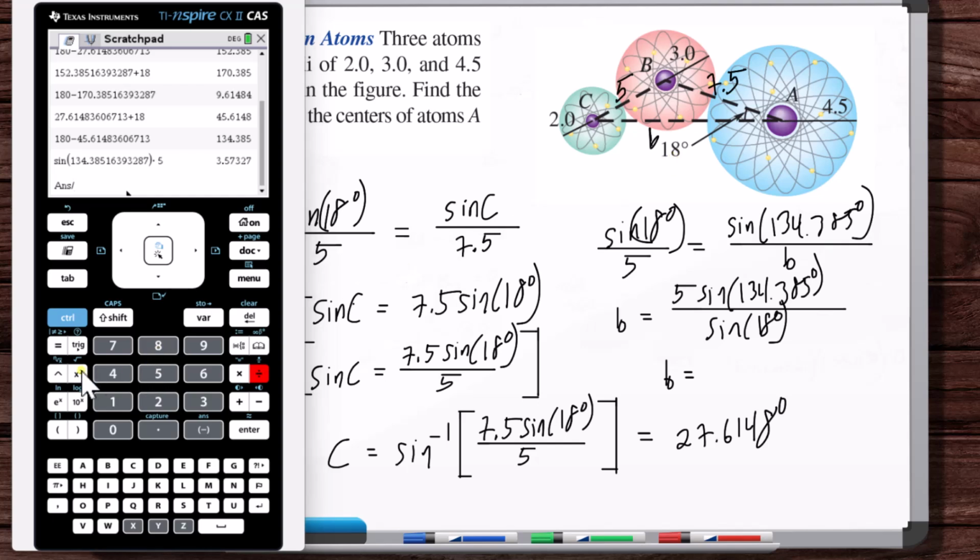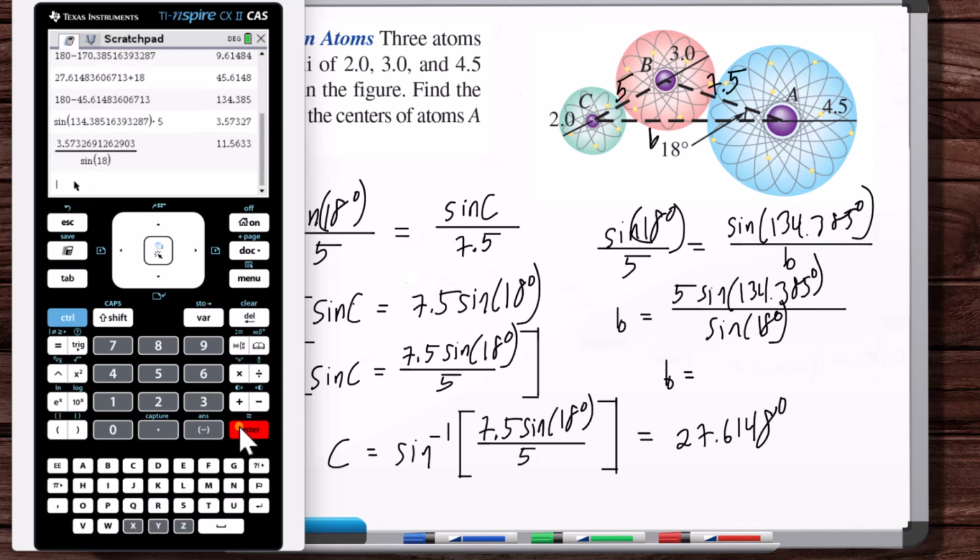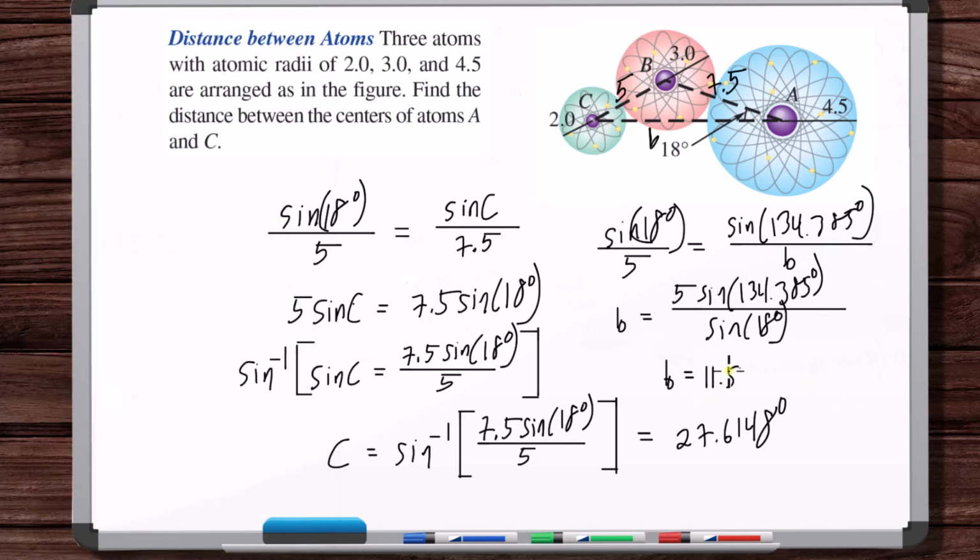That's what we were given. So 11 point, they don't give us units, just 11.56. And there we go.